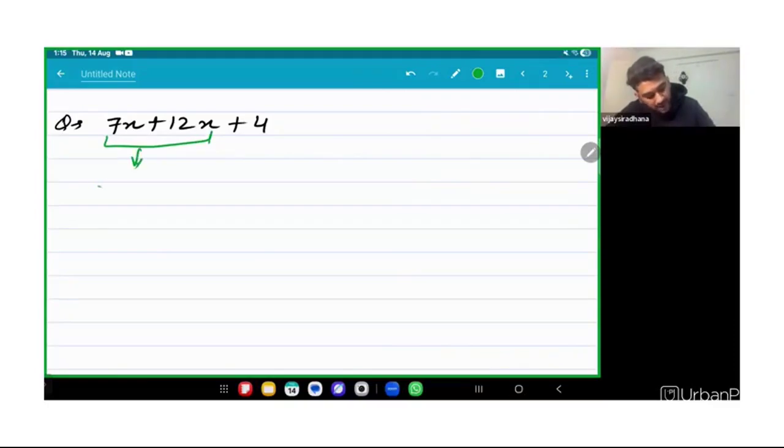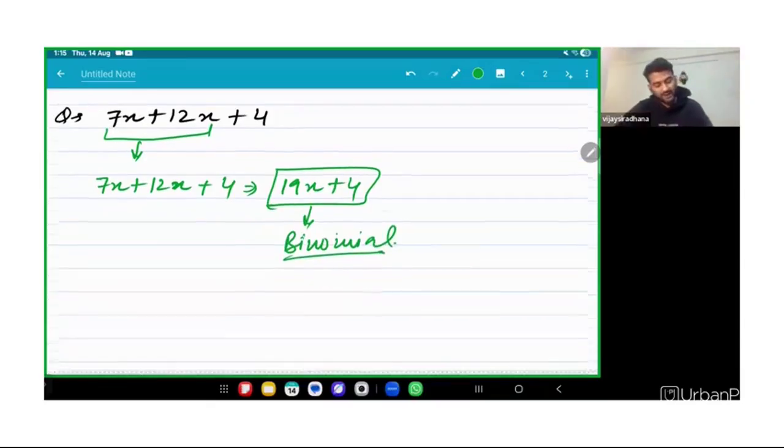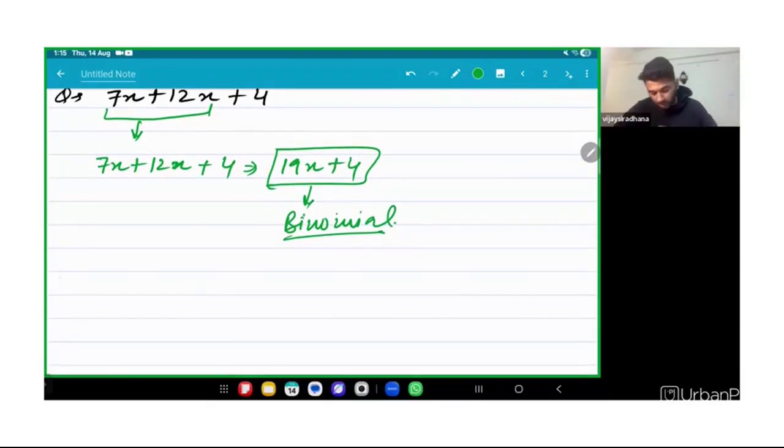First of all, you should add 7x plus 12x plus 4, which is nothing but 19x plus 4. Now over here, you will see that this is a binomial.